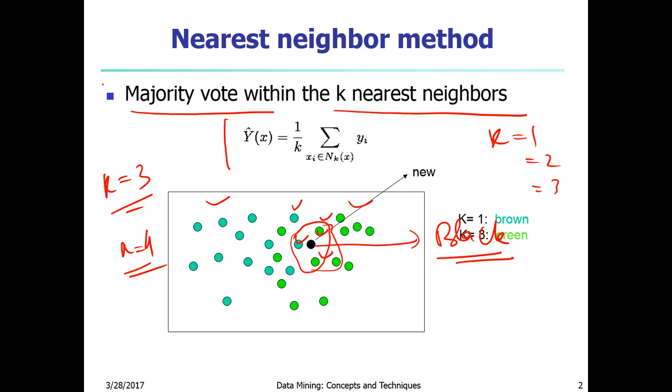So the formula to find it out is to calculate the majority, and k could be any number, and we'll see how to choose the best or optimal k. K could start from 1 to n, and n could be any number. It's not good to take a very small k or a very large k.